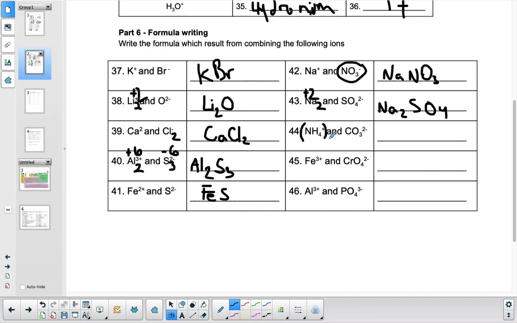So we need 2 NH4s. 2 times positive 1 makes positive 2 charge. Then CO3 negative 2, those are going to cancel out nicely. So we have it in parentheses because this tells us our entire polyatomic ion, we need 2 of them. And then CO3.